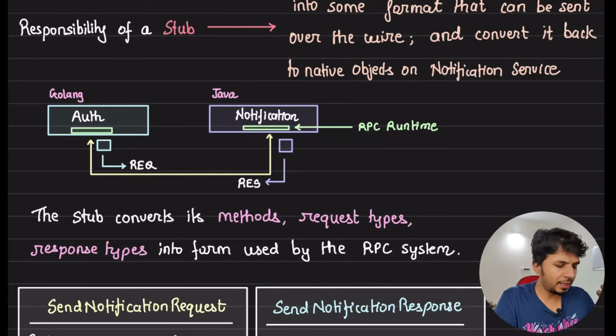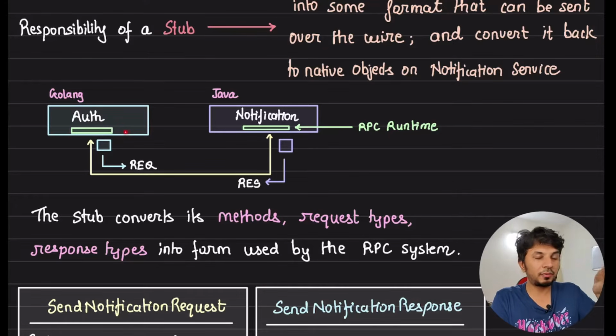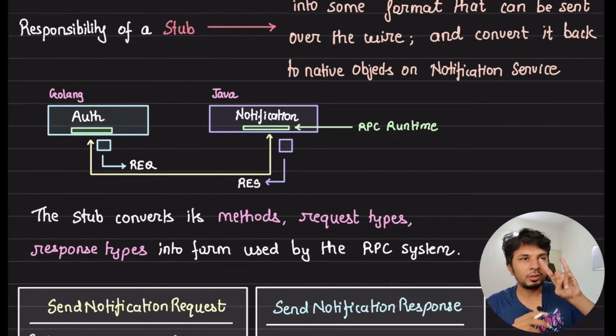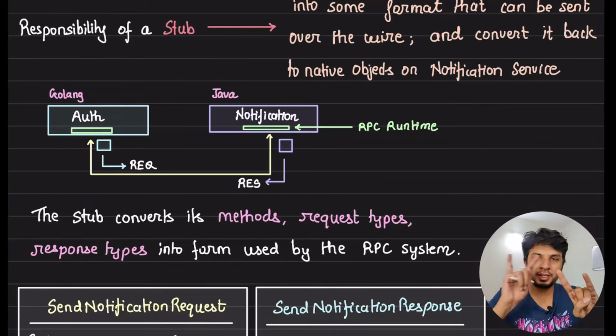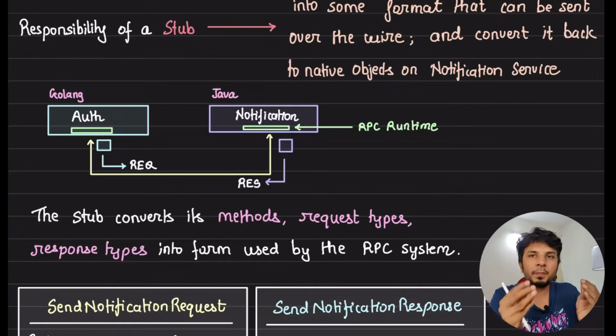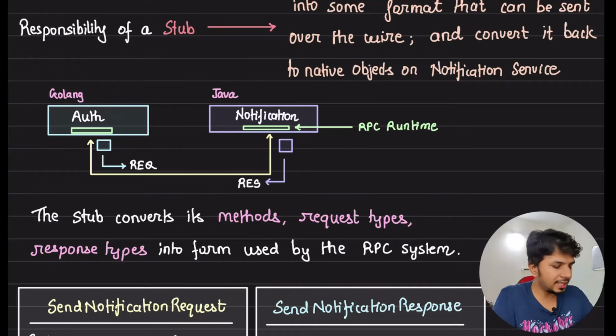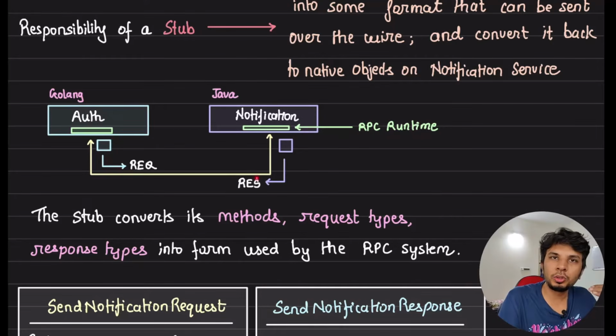So where would the stub come into the picture? When in the authentication service you invoke notification_OTP, the first thing it interacts with is the stub. The stub understands that, hey, notification_OTP is invoked with email being passed as an argument. Let me create a very compressed format so that I can send it over the network to the notification service.